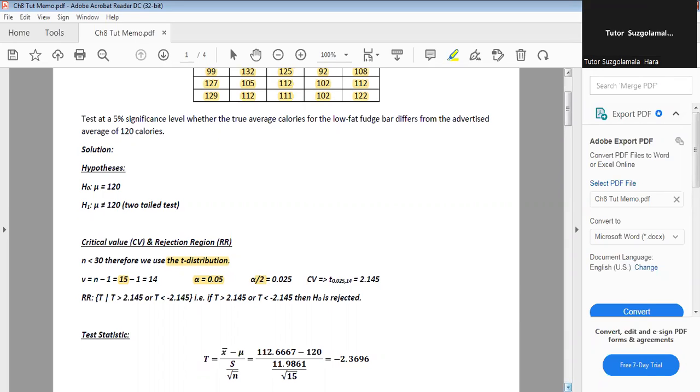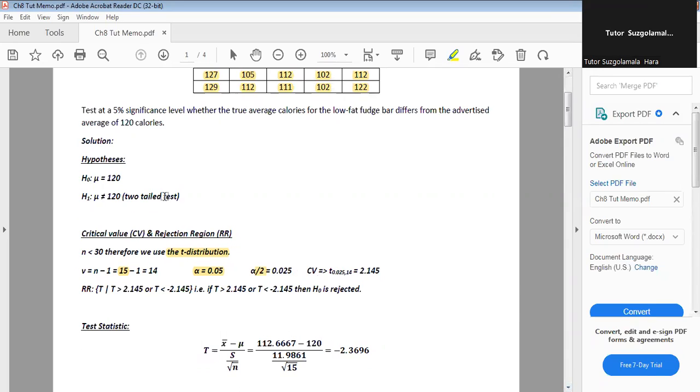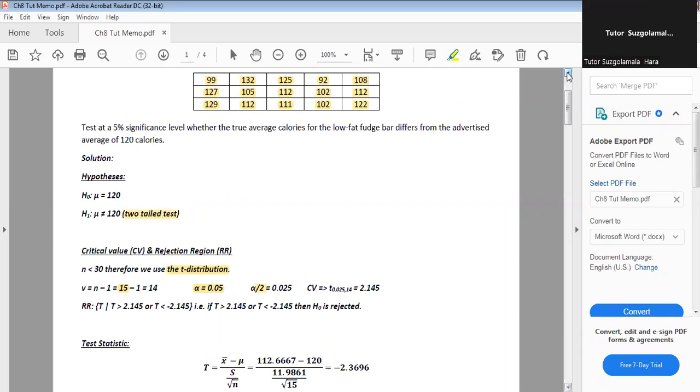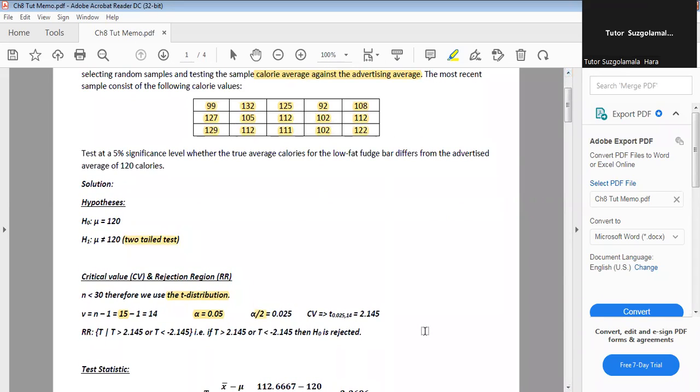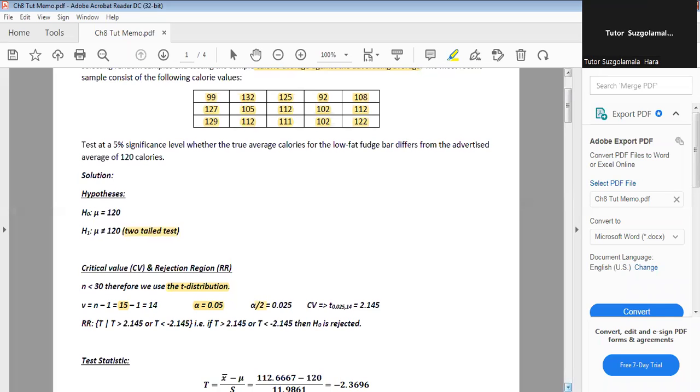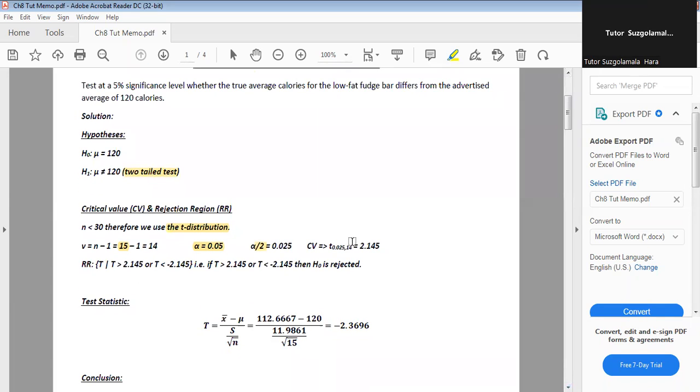You divide your alpha by 2 because it's a two-tailed test. If it was a one-tailed test, that means alpha is less than or greater than. If they ask you to find something that is less than the other, then you don't divide by 2. So you check on your T distribution table, and your critical value is 2.145.